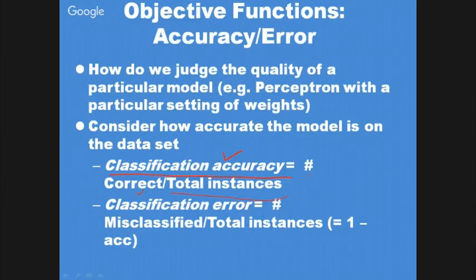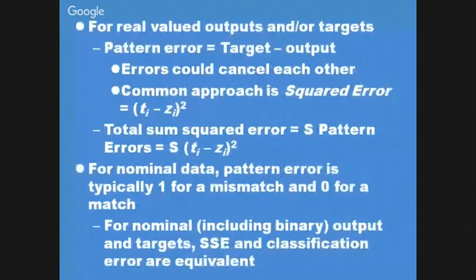Now, what is the classification error? Error is misclassified instances divided by the total instances, that is, 1 minus the classification accuracy gives the classification error. Next is the pattern error. What do we mean by pattern error? Pattern error is given by only target minus output.